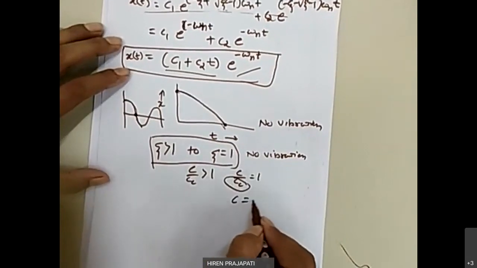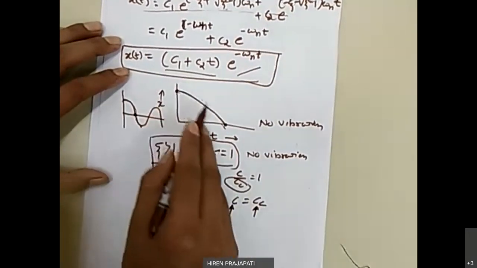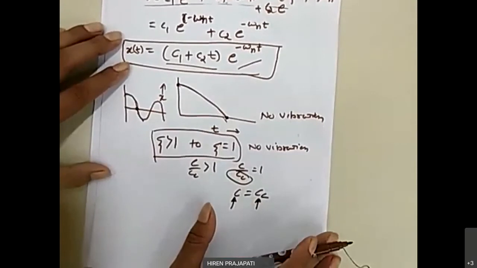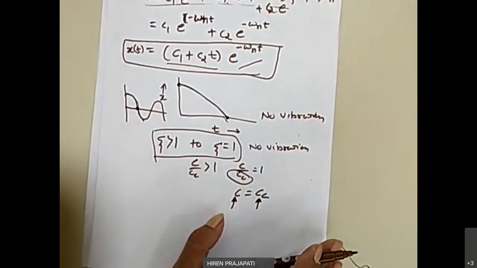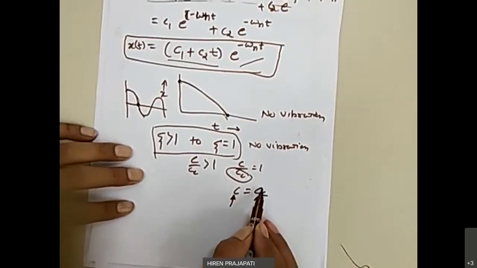If c equals cc, meaning external damping is equal to the critical damping coefficient, then the system will not vibrate. So if your requirement is to not allow any vibration, then you need to give external damping equal to the critical damping of that system.